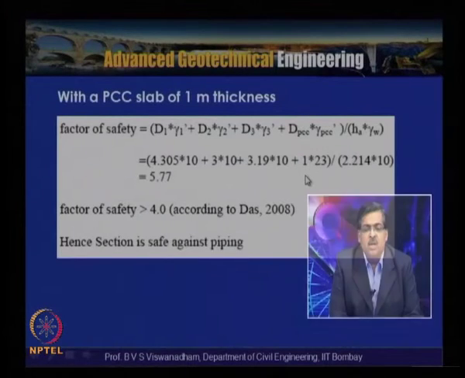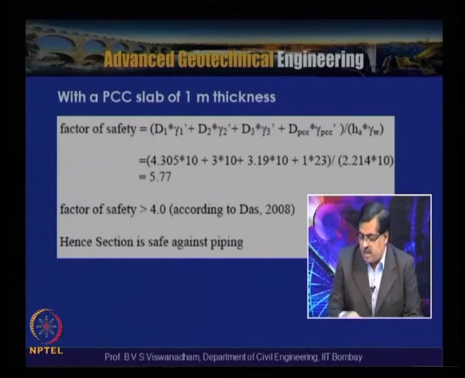But in addition to preventing instability due to piping, the provision of PCC also gives a work platform for placement of the rigs and enables the construction at the site. So the factor of safety is greater than 4, hence the section is found to be safe against piping.